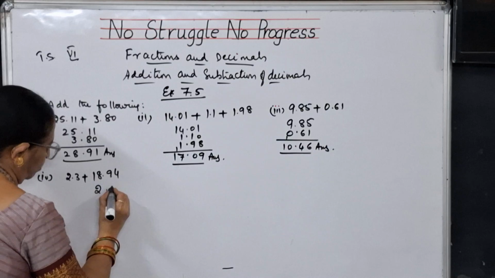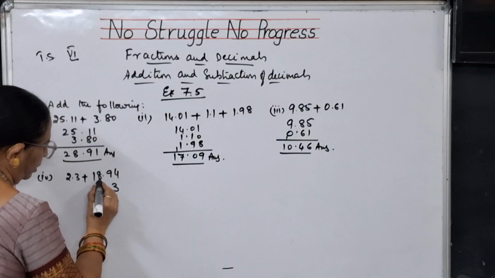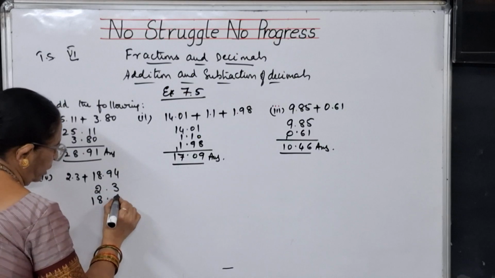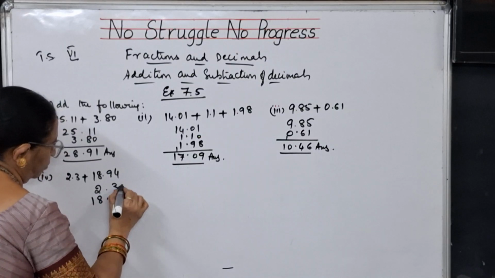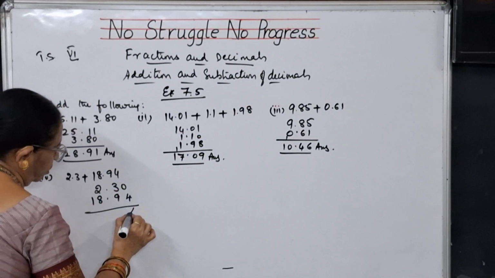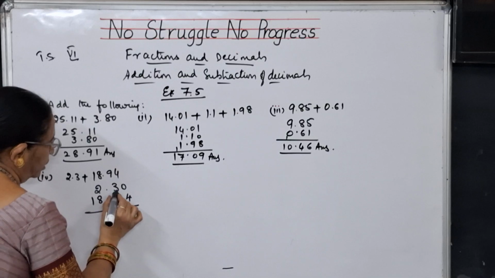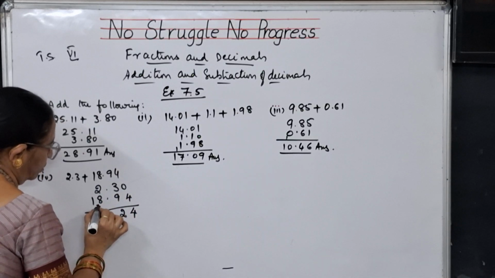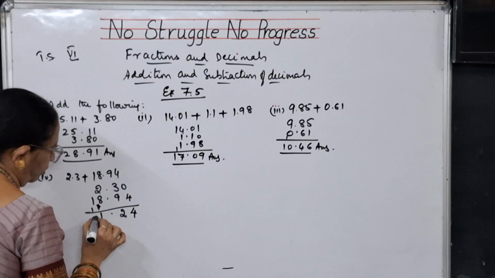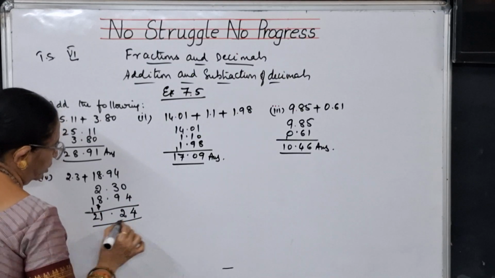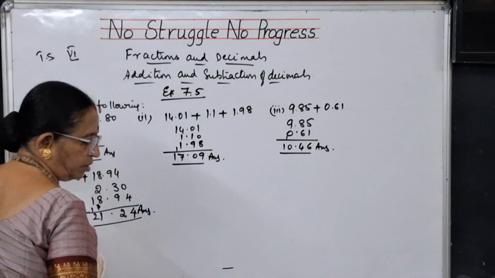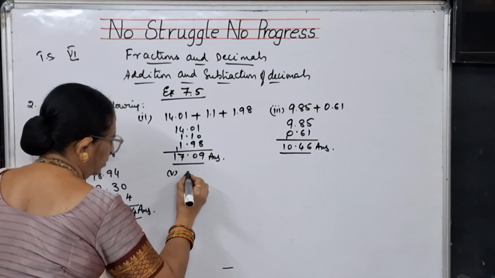So write 2.3, decimal, 8 in units place, 1 in tens place, 9 in tens place, 4 here. So here nothing with 0. So you have 4 here, 9, 12 here. This is 10, 11, 2. 21.24 is the answer.